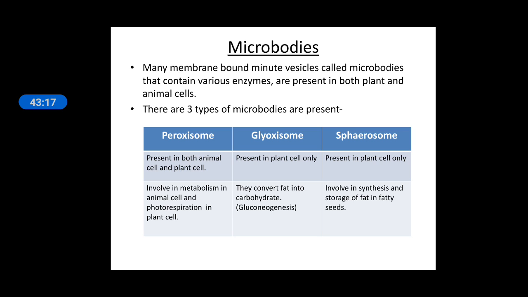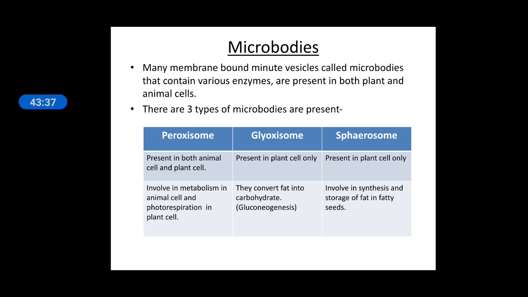We will discuss photorespiration in the photosynthesis chapter; this is one of the cell organelles present in that process. So peroxisomes provide two functions: metabolism and photorespiration.